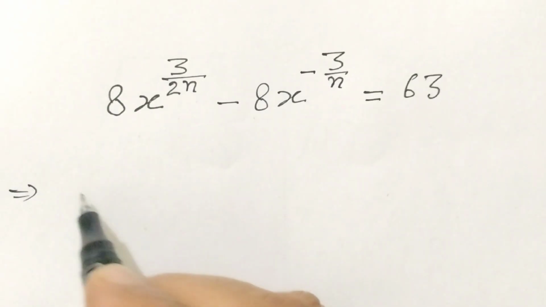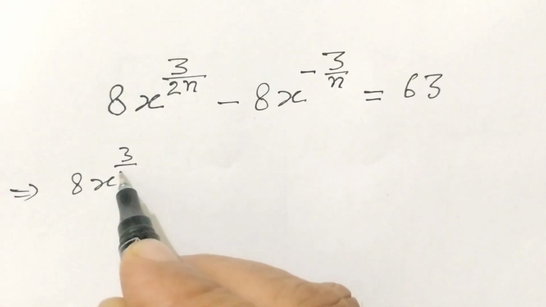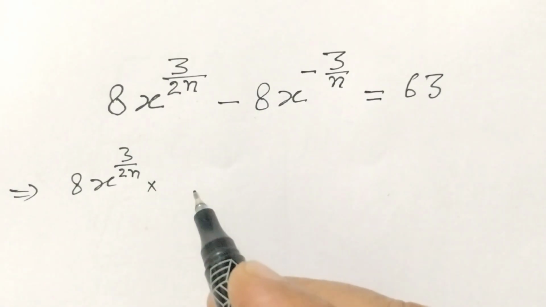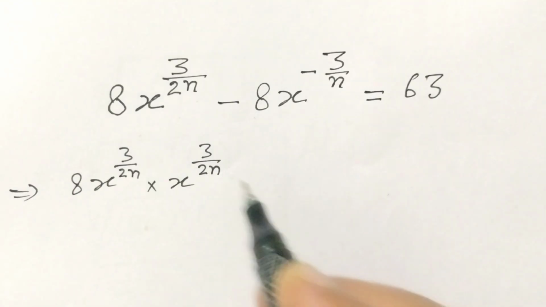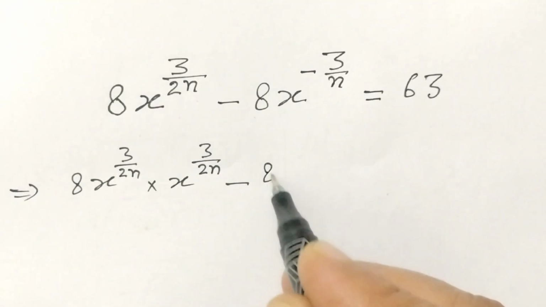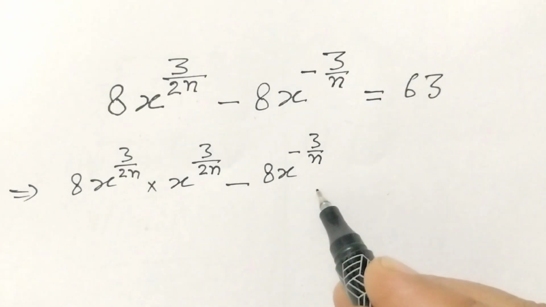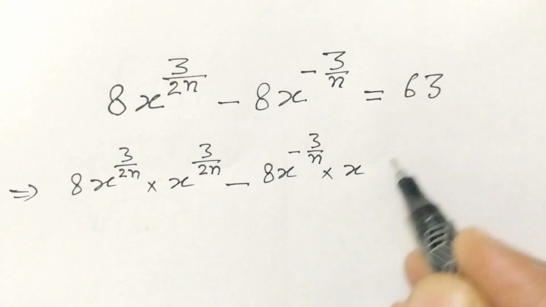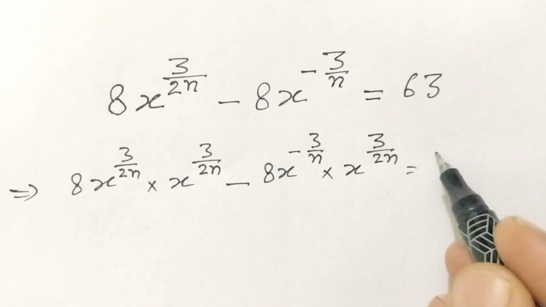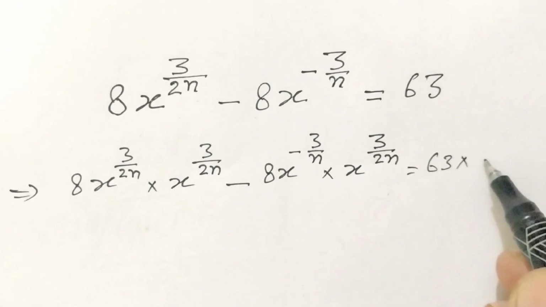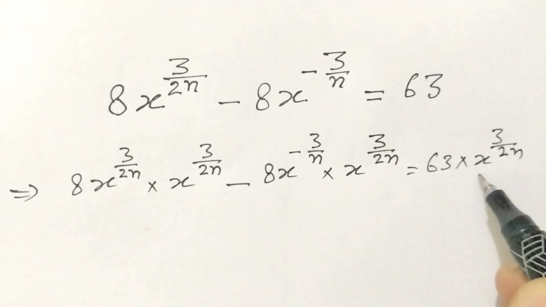So 8x^(3/2n) multiplied by x^(3/2n) minus 8x^(-3/n) multiplied by x^(3/2n) is equal to 63 multiplied by x^(3/2n), right?